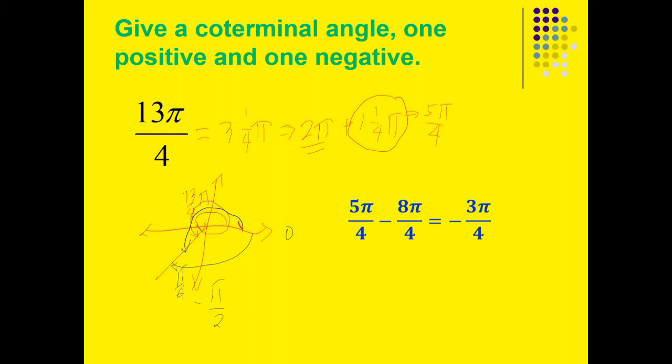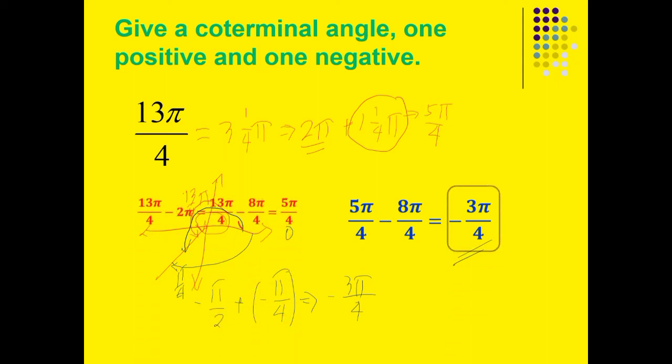So negative pi over 2 added to negative pi over 4, we come up with negative 3 pi over 4, or we can say 5 pi over 4 subtracted by 8 pi over 4, which is equivalent to negative 3 pi over 4.